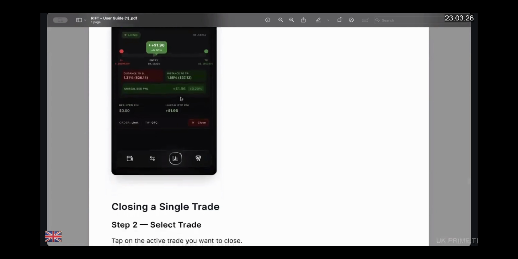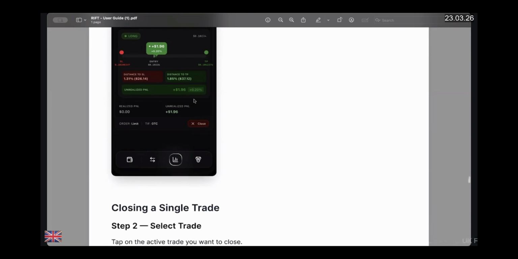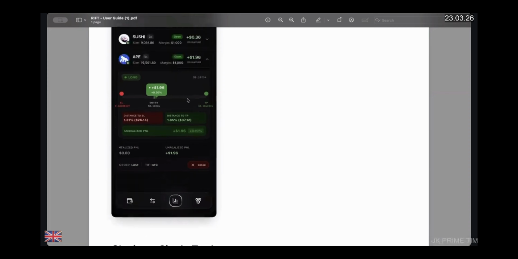So if you are making some profits on individual positions and you think this profit is enough for this particular trade, say $1 is enough for me. If you have placed like an $11 order or a $20 order, and you are making $1 or $2 easily, that's a good opportunity to close it.